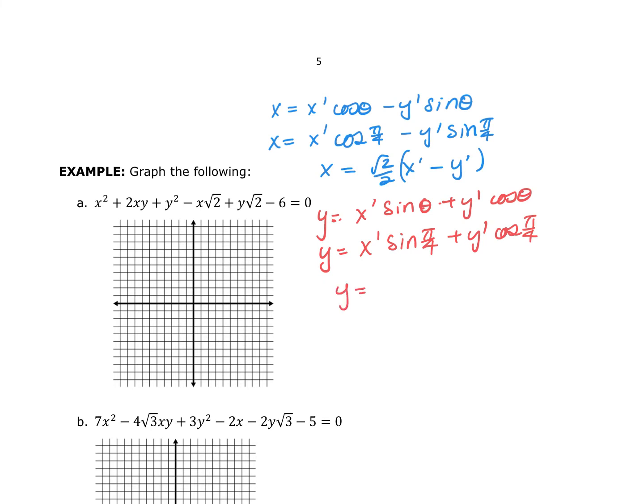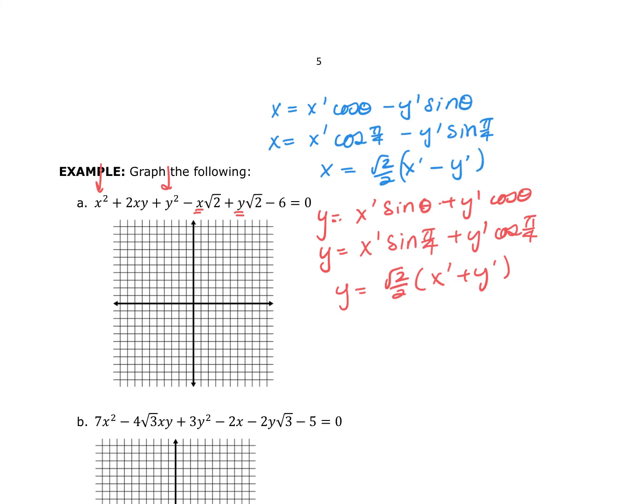So we get y is equal to the square root of 2 over 2 times x prime plus y prime. All right, now I have a replacement for this x and this y. I also have a replacement for the x squared and the y squared. All I have to do is square these. And then I have to do the multiplication of the two.